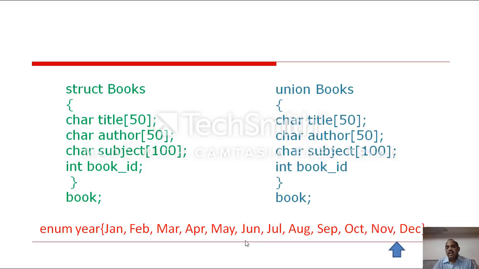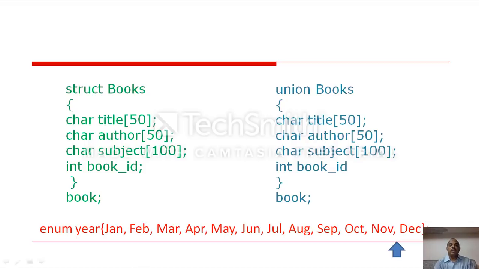The union variable occupies only as much memory as the largest member in the union. That's why, with character subject of 100, the book occupies 100 bytes of memory. Then it can serve the remaining variables. Clear? That is the major difference between structure and union.